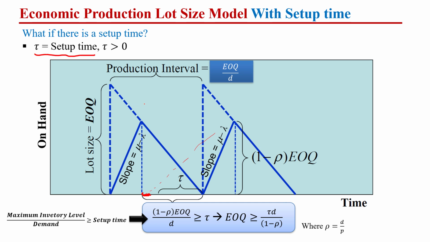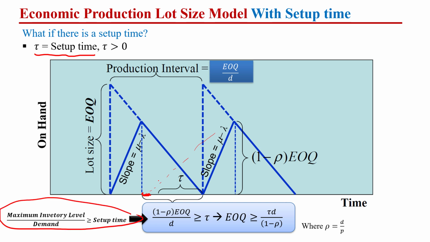If we are using the economic production lot sizing and there is a setup time, how can we decide how much batch size or lot size, or how much order, we are going to place? That is considered based on this equation.